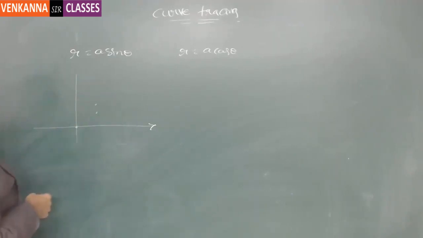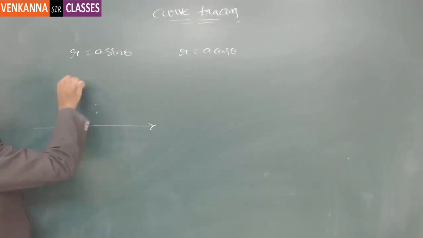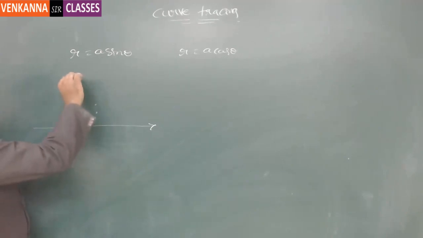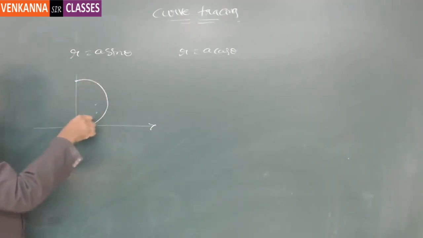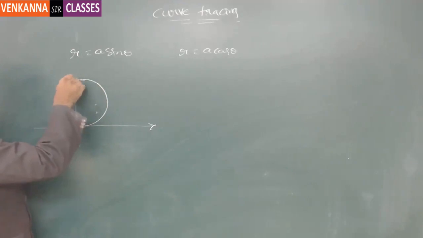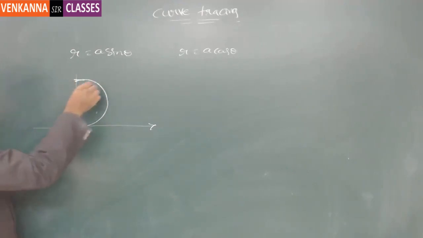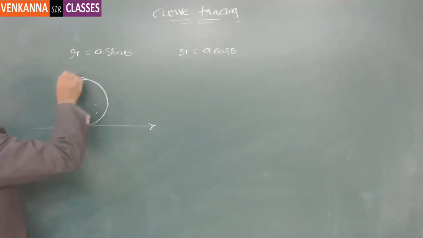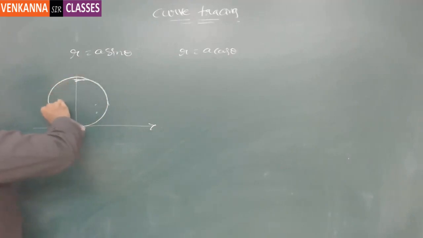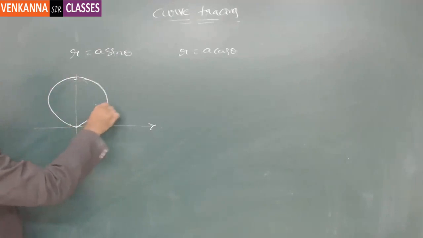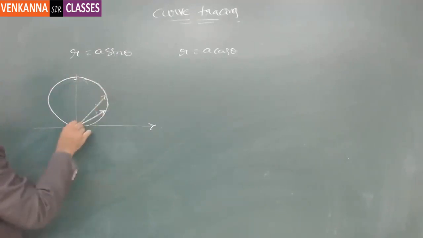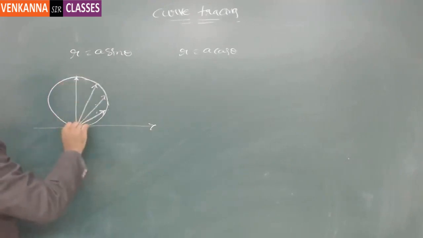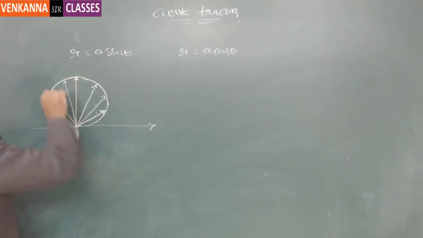And then at theta equal to 90 degrees, that is a, so that is here. So this is 30 degrees, this is 45 degrees, this is 60 degrees, this is 90 degrees, in the opposite direction also.